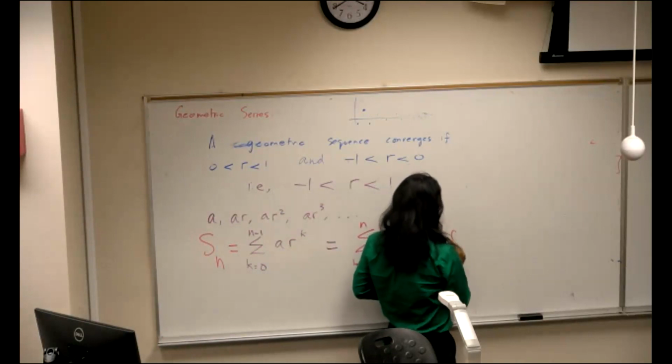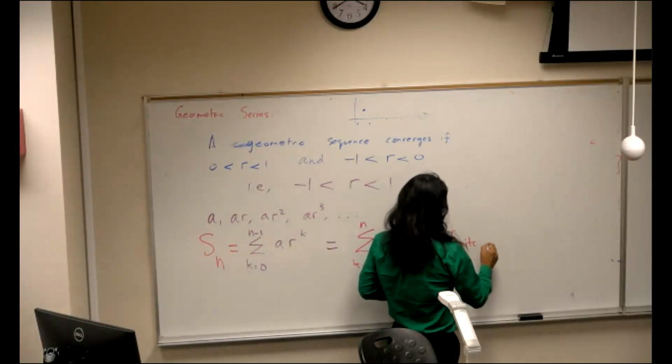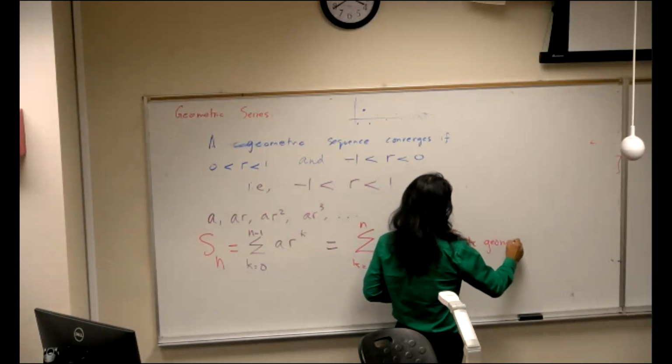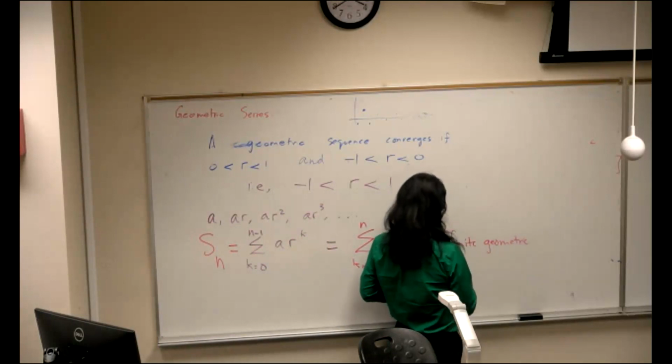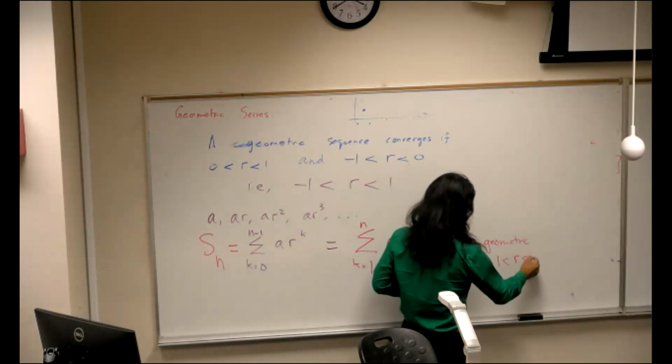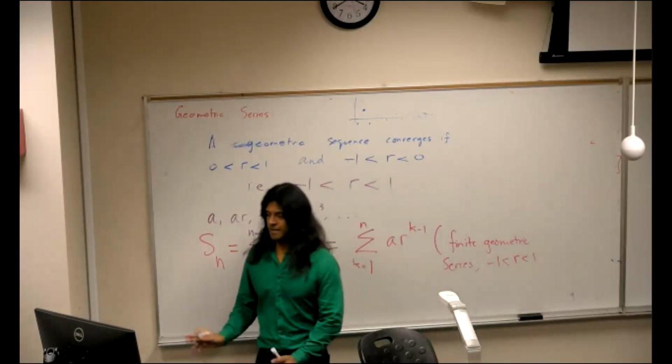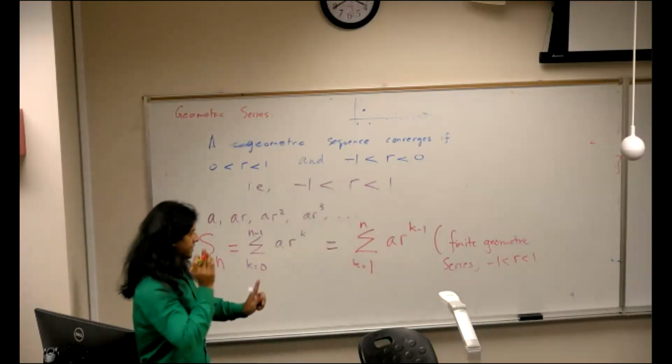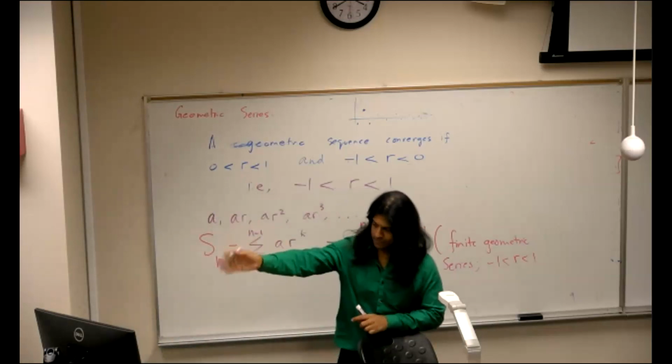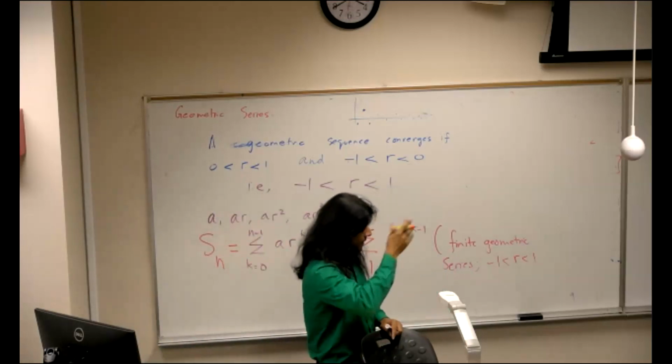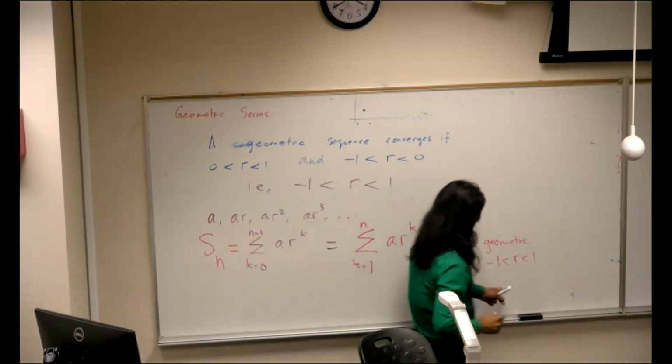This is a finite geometric series, and I am going to say that R is between -1 and 1. There is also another way to write it, if you look in Wikipedia, Google, YouTube, whatever.